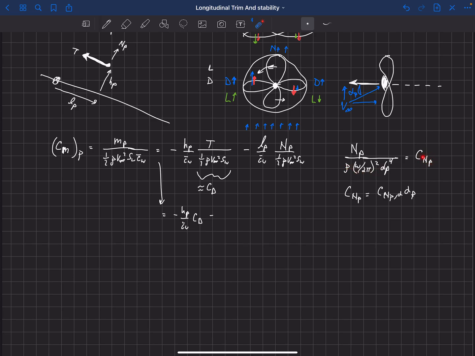We'll multiply these two together, substitute that in for N_P, and what we'll get is minus L_P over c bar W. That's what we had out front. And then once we do all that, we'll have rho omega over 2 pi squared D_P to the fourth divided by 1/2 rho v infinity squared S_W, and then we have the C_N,P,alpha times alpha_P there, okay? So this is our C_M due to the propeller.